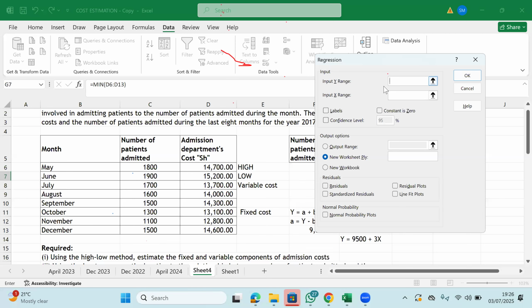So from there, the first item that we need is Input. So we have the regression, then it's asking us to input the Y range, input the X range, and those others that follow there that we are going to discuss shortly.